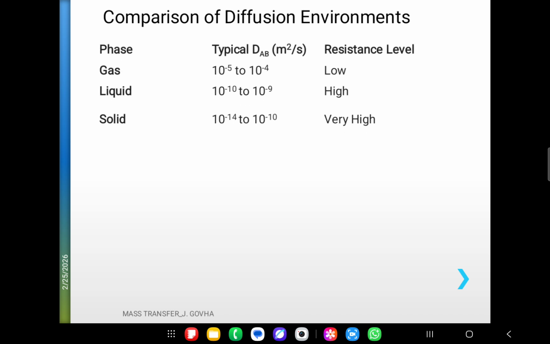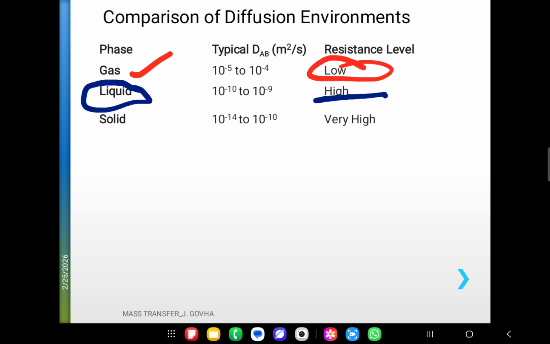So a comparison of the diffusion in the environments we can look at. The phases we are looking at: number one, our gas, which will obviously exhibit low resistance due to particles having free movement. But when you look at the liquid, you would find that the resistance has increased.